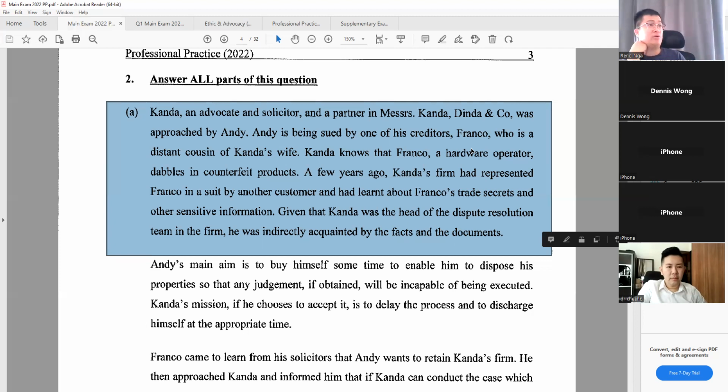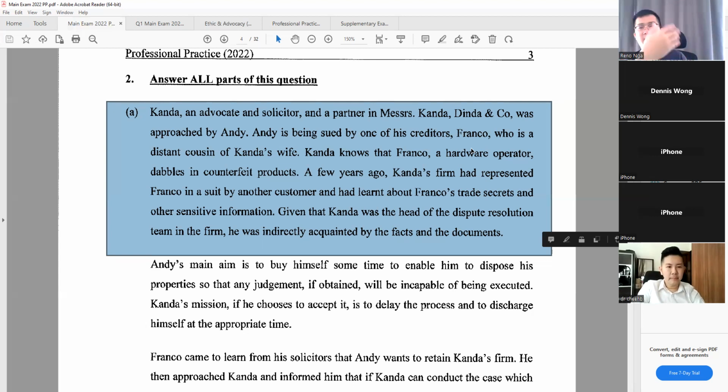Kadan knows that Franco, a hardware operator, dabbled in counterfeit products. A few years ago, Kadan's firm had represented Franco in a suit by another customer and had learned about Franco's trade secrets and other sensitive information. Given that Kadan was the head of dispute resolution in the firm, he was indirectly acquainted with the facts and documents.